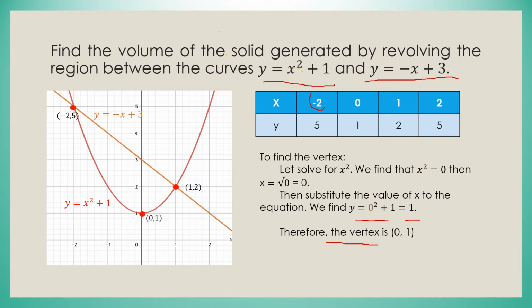Negative 2 we substitute into x squared plus 1 so that we have 5, and 0 we substitute into x squared plus 1, which would be 1, and also 1 would be 1 squared plus 1, which is 2, and then 2 squared plus 1 would be 5.